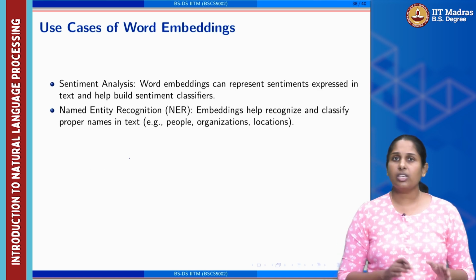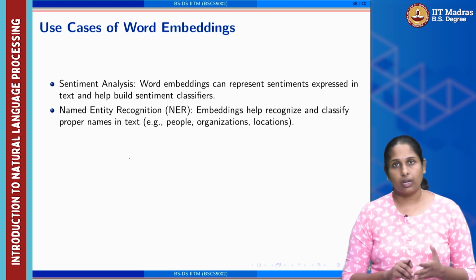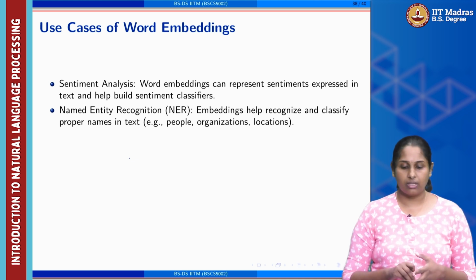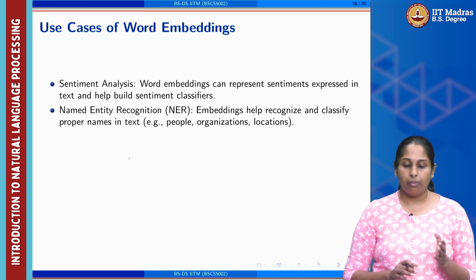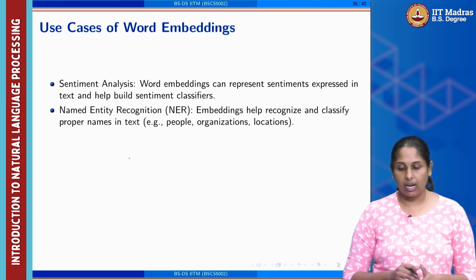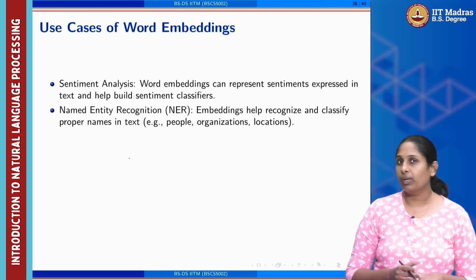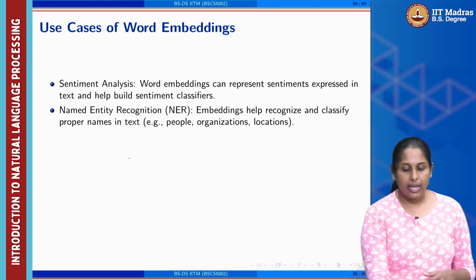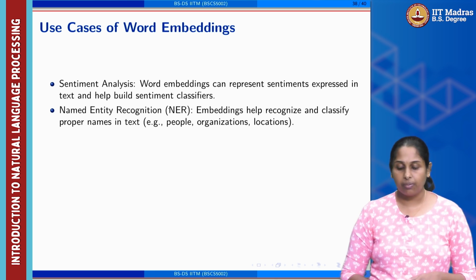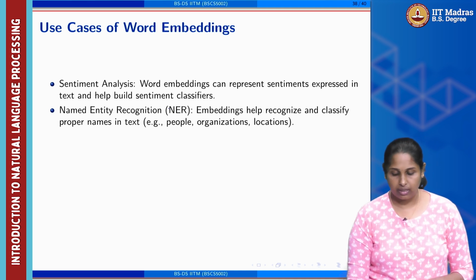And now the use cases of the word embeddings that we have seen, like word2vec, GloVe or FastText, are always useful for any NLP application. Starting with sentiment analysis, we need to get the sentiments expressed in the text, so we build the sentiment classifier where this can be used. Named entity recognition is another type where embeddings help to recognize and classify the proper names in the text, as we have already seen.